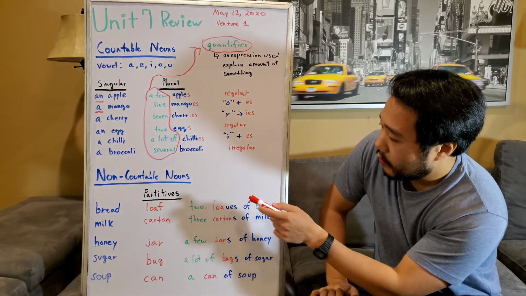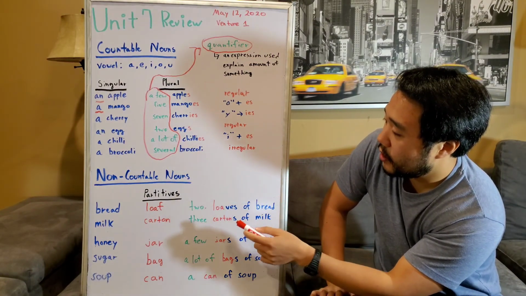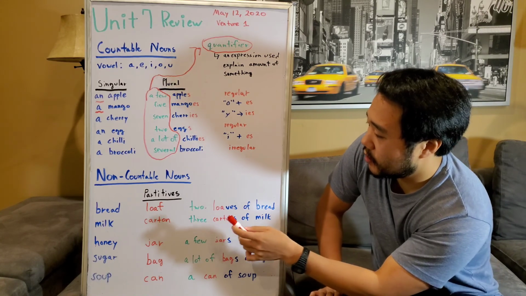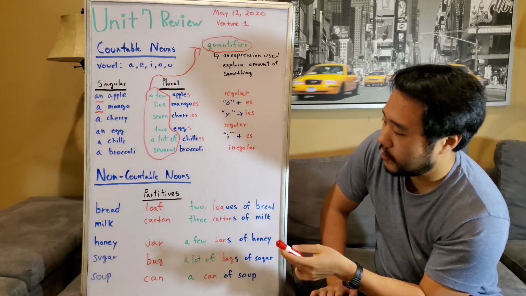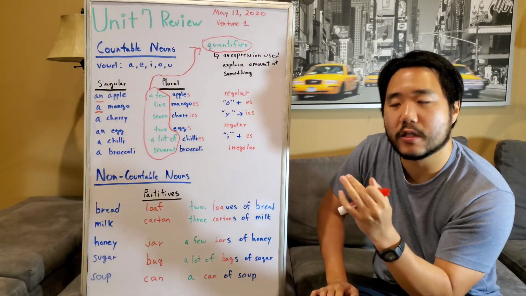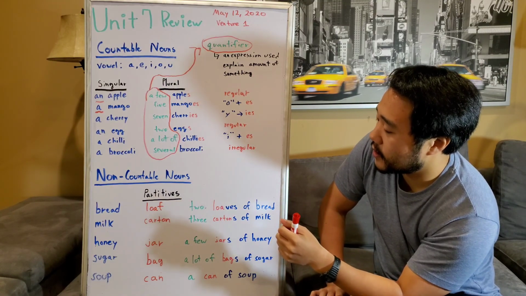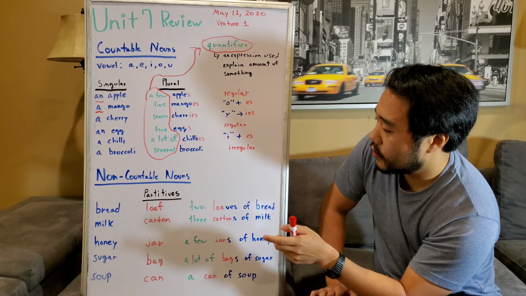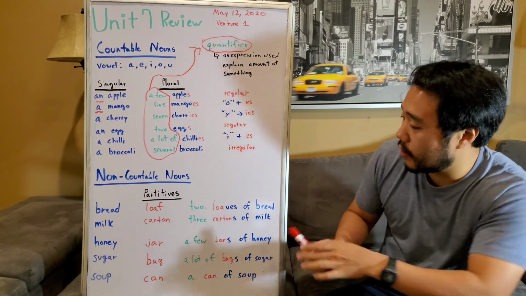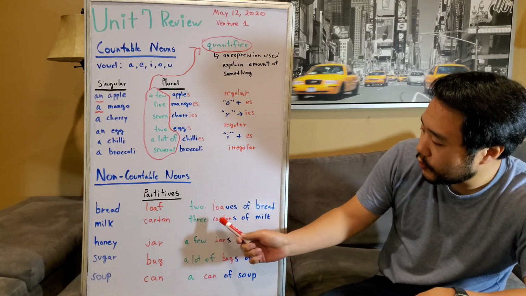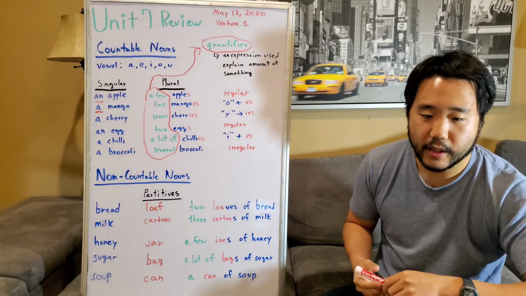If we want to count bread, we have to use the partitive loaf. It's a very specific partitive. I have some examples of plural form and singular form. Let's go with this: two loaves of bread.